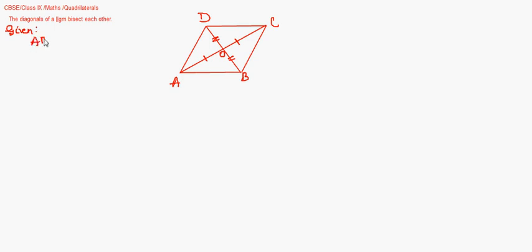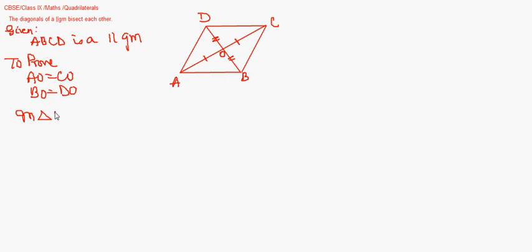So here it is given to us ABCD is a parallelogram. To prove AO equals CO and BO equals DO. Now let us take triangle AOB, and triangle COD.